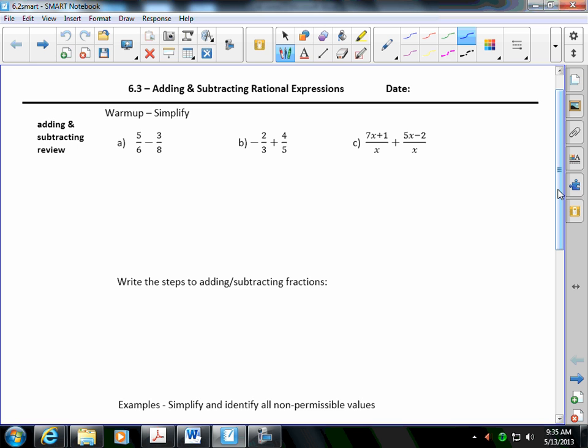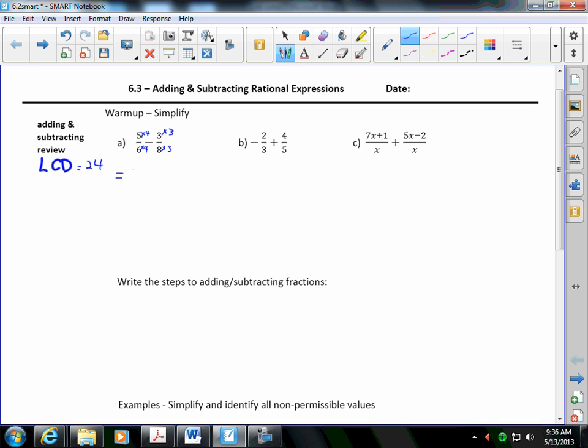What is my lowest common denominator between 6 and 8? No, not factor, denominator. So that means what do both of them divide into? 48 would work, but even smaller than that is 24. So that means I would have to multiply my 6 by 4 and my 5 by 4, the 8 by 3 and the 3 by 3.